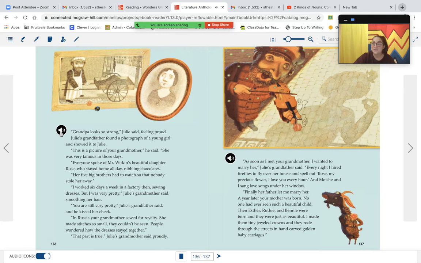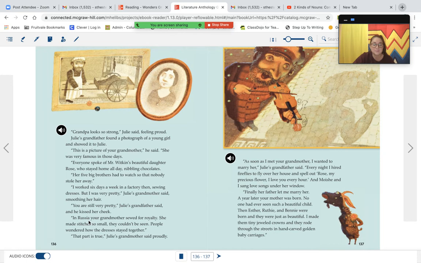So, of course, the grandfather again is fibbing. The grandmother was not a famous person, a celebrity, but you could tell they're very much still in love after all these years. So I'm sure that is something Julie is looking up to.